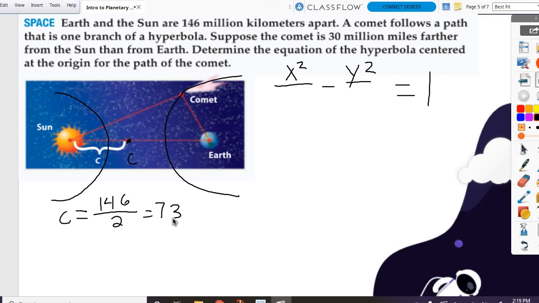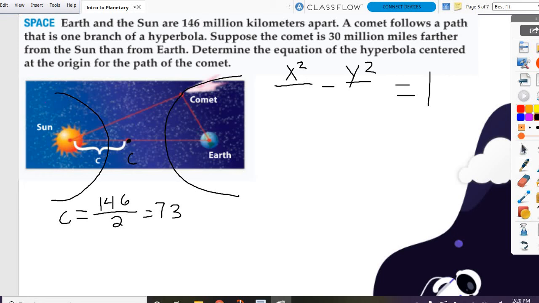Now, the next part is going to take a little bit of imagining with me. Notice that they also tell us a second thing, and that is the comet is 30 million miles farther from the Sun than from the Earth. What we're trying to find now is our a value, so basically the distance to one of our vertices. Because it's symmetric, it's going to be the same to either one.